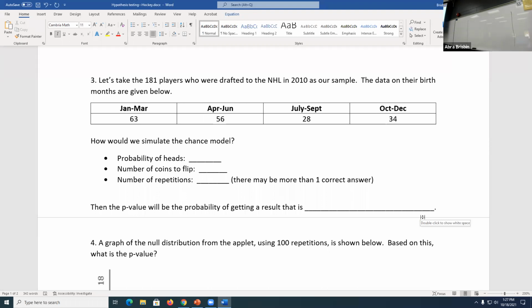I don't know if I set it up right. Trust your math.